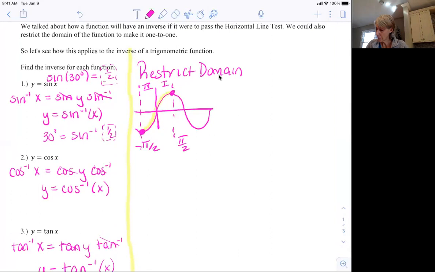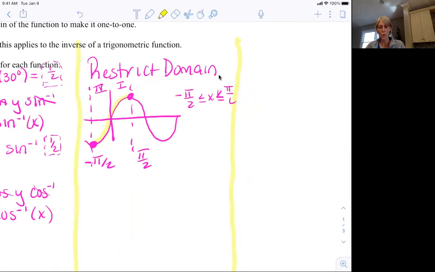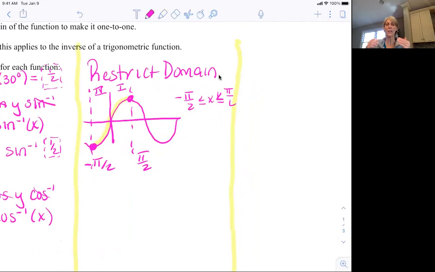So our domain of the sine inverse curve is negative pi over 2 to pi over 2. What does this mean to us when we're trying to find an answer to one of these problems?